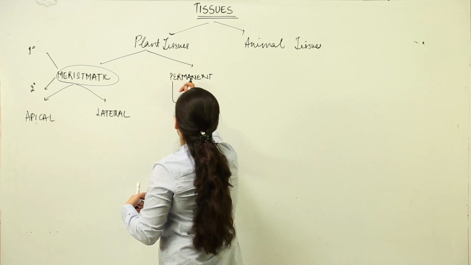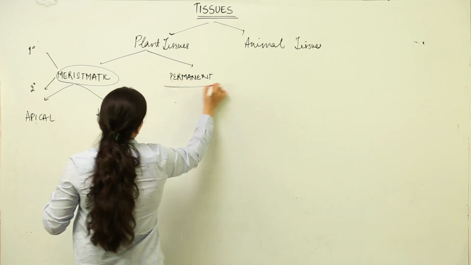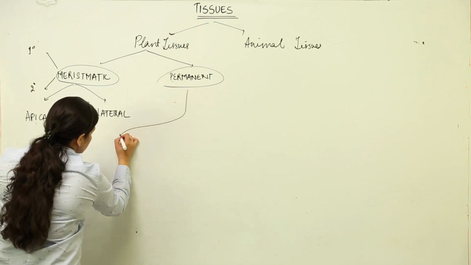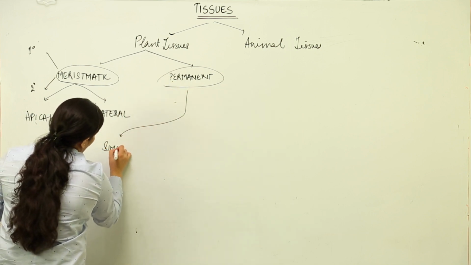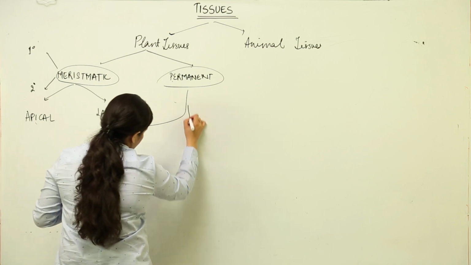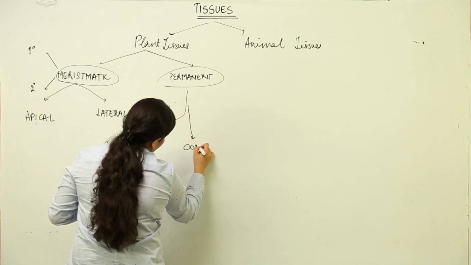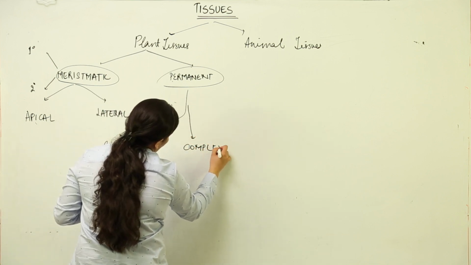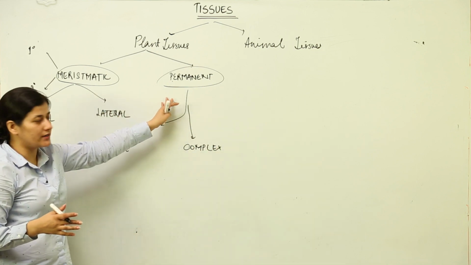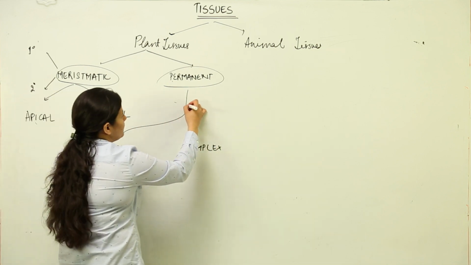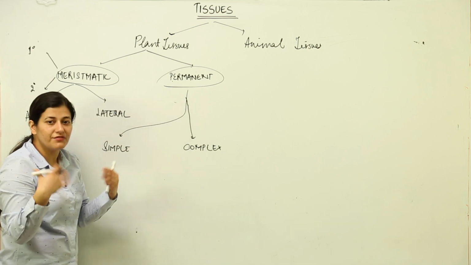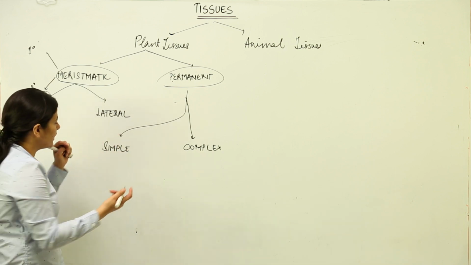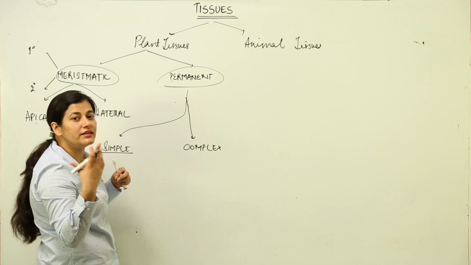One is simple and the other one is complex, okay? Now the difference is that these cells are not going to divide the entire life. They have lost the ability to divide and give rise to new cells. They are not meristematic. The simple ones have similar types of cells.